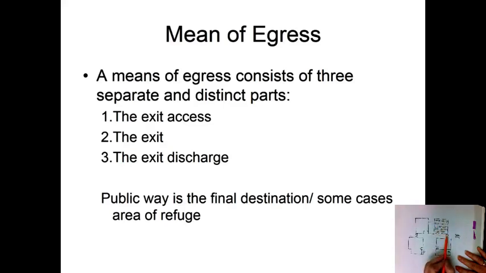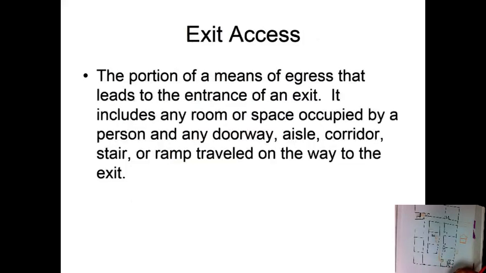Once we go through the doors that are to the outside, then this would be exit discharge, and then the sidewalk would be our public way. It's our final destination. In some cases, it could be an area of refuge. It just depends on how we go through. And I'm going to show you some more scenarios in a minute.